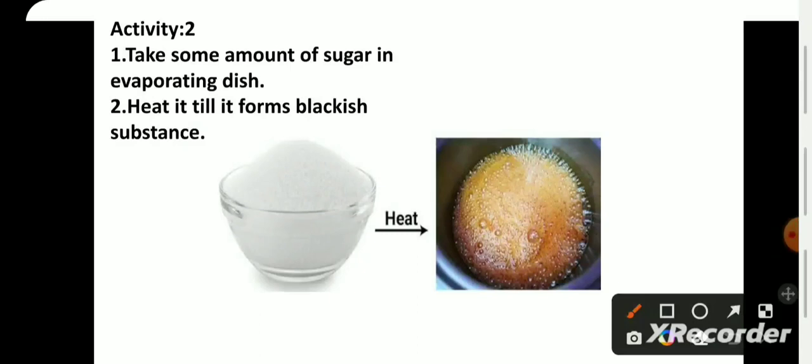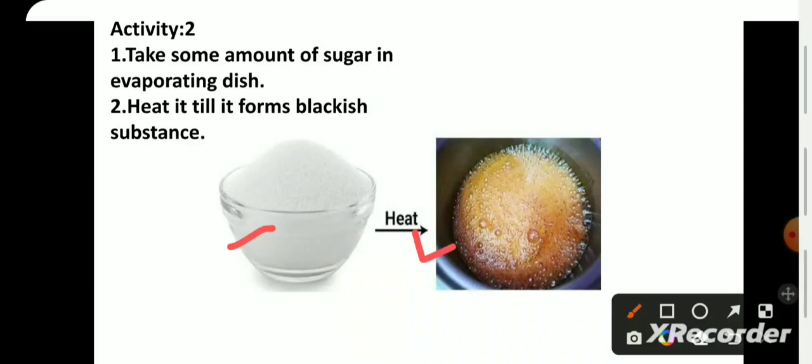And as it melts, its color starts to become golden brown. From golden brown, it will turn into dark brown. And if you continue heating it, it will finally get converted into blackish stuff. And it will also start giving an unpleasant smell.